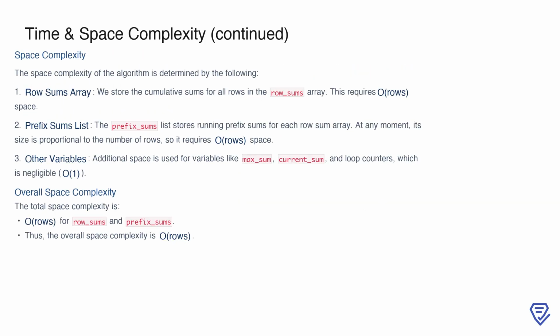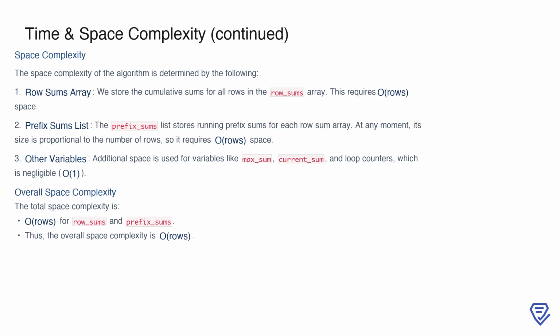The space complexity of the algorithm is relatively straightforward. First, we use an array called row_sums to store the cumulative sums for all rows. This requires O(rows) space. Additionally, we maintain a prefix_sums list to store running prefix sums for each row sum array. The size of this list is also proportional to the number of rows, so it contributes another O(rows) to the space complexity.